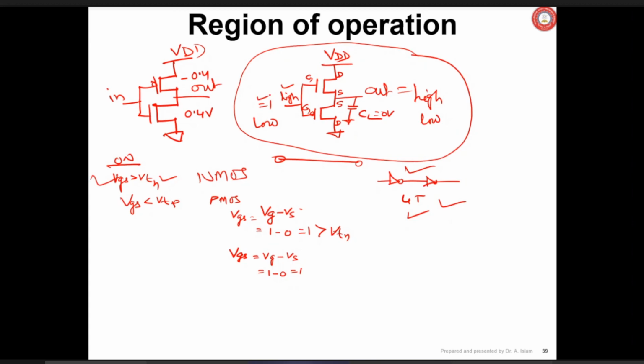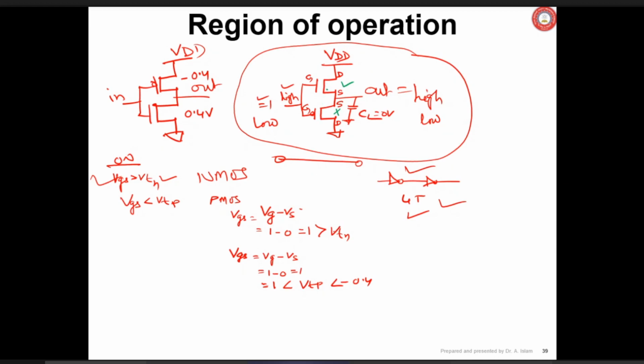If I apply 1 volt here, is this MOSFET on or off? It should be less than VTP, that is, less than minus 0.4 volt. But it is 1 volt, it is greater than that. So it is off. Do you agree or not? Yes, sir. This is off. This is on.